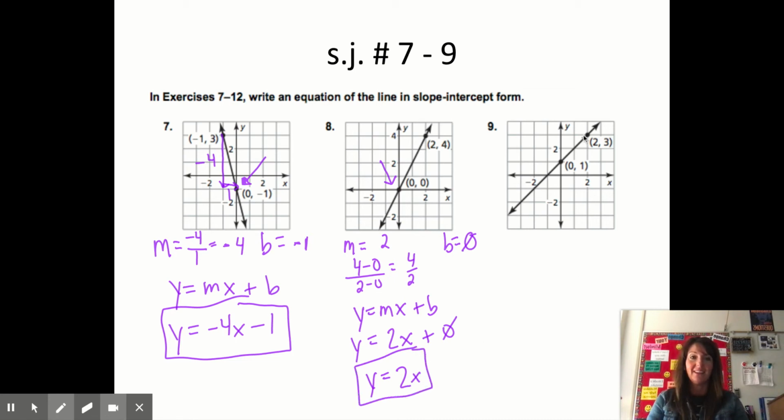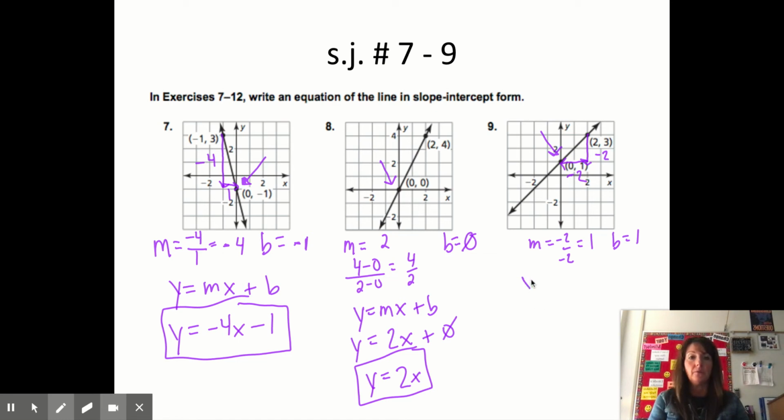Okay. Finally, so we're going down 2 and back 2. So our slope with a negative 2 divided by negative 2 is a positive 1, simplification. And then the y-intercept is at the positive 1, because we can see that point right there.